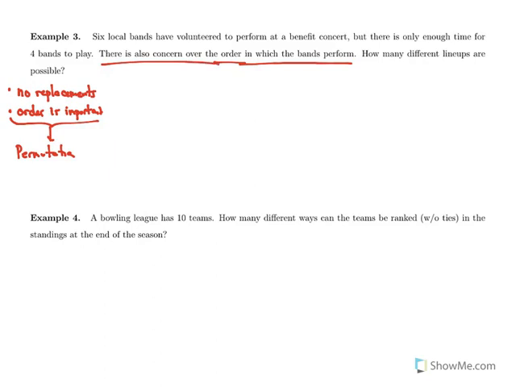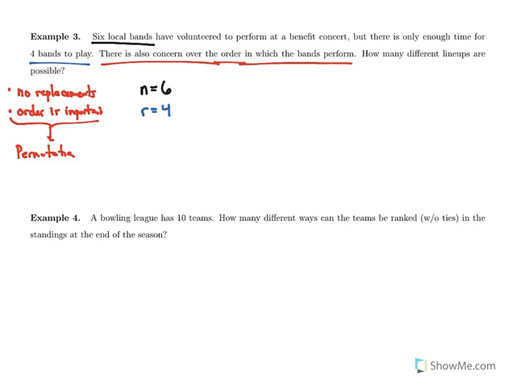So in this problem, we need to think about what is n and what is r. Well, there are 6 local bands total, and we are choosing only 4 of them to play.